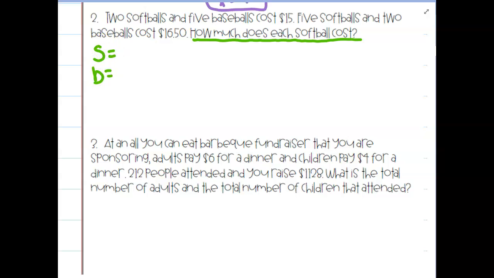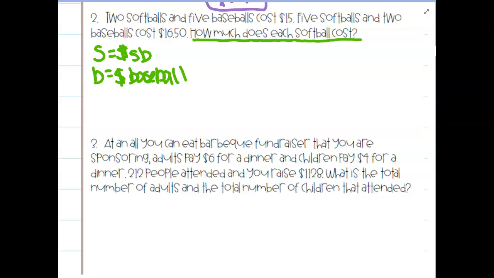Now, let's be specific here. I assume we're talking about softballs and baseballs, but what do I not know the cost, right? Because how much does it cost? I don't know the cost of a softball. I don't know the cost of a baseball. Now, these are the equations that are really easy to write.